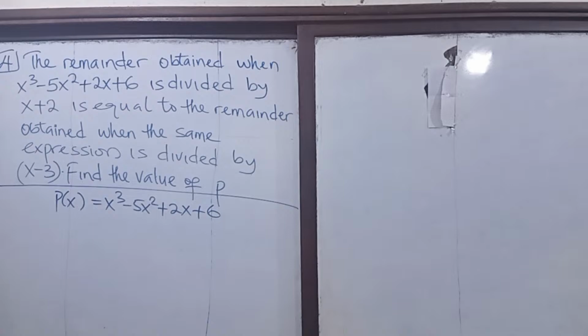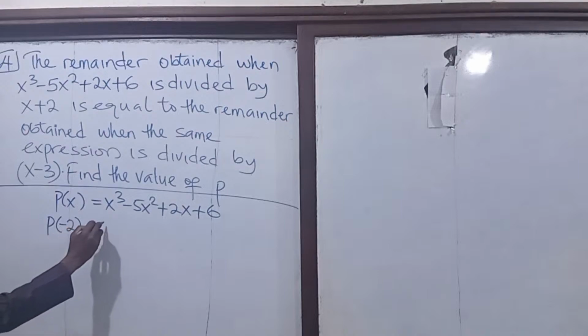So what we're going to do for x plus 2, that will be p of minus 2 equal to the remainder. Is that clear? Let's solve that one first.